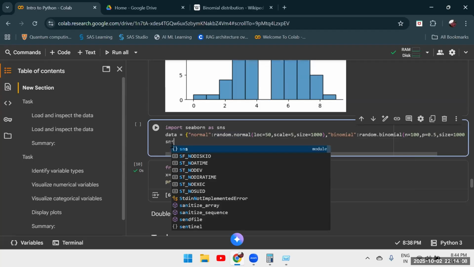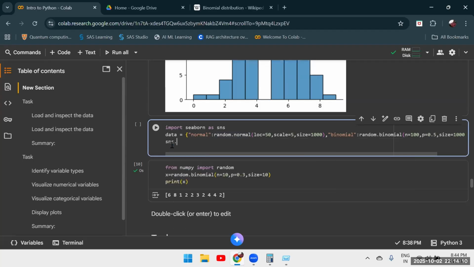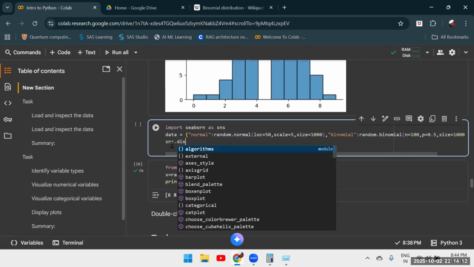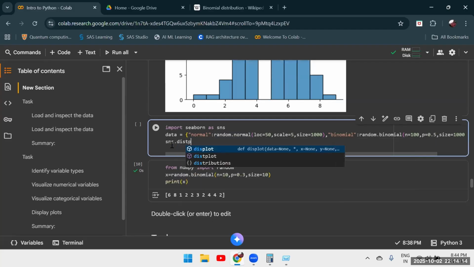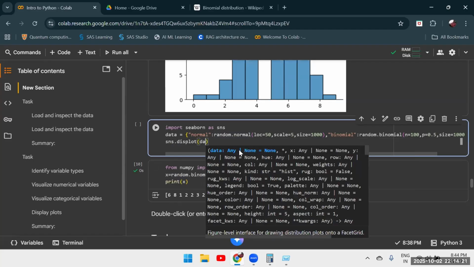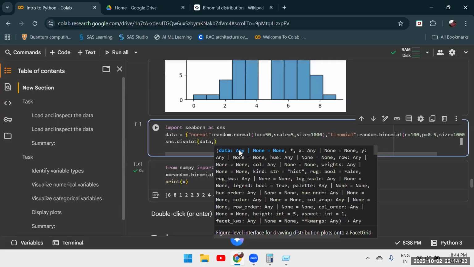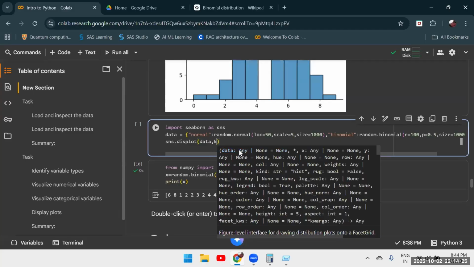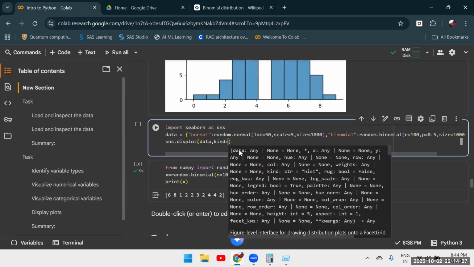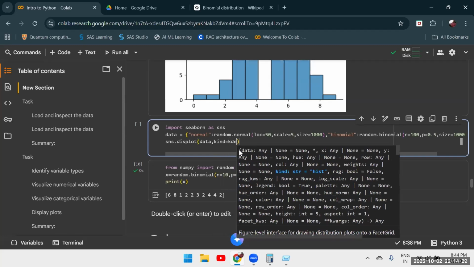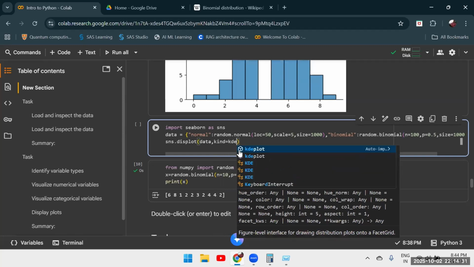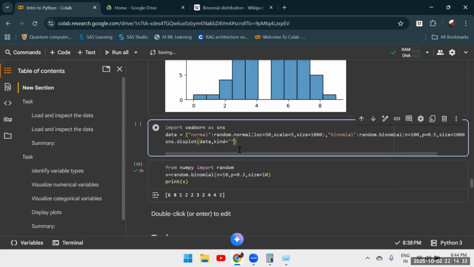Okay, so we are going to use a distribution plot using sns. There is something called displot within sns that we will be using. Here I'll say the data is going to be this, and what distribution I want. I wanted a normal distribution for this particular value, so I'll give kde in brackets.